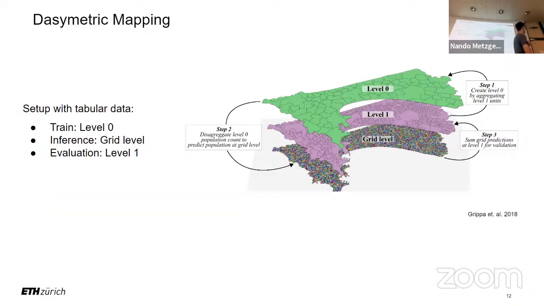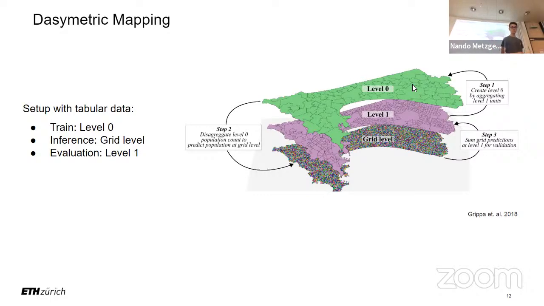Now I quickly want to give you an introduction on how population mapping is usually done in the classic literature. There are different stages. Usually you have some sort of data, which is level 1, like the census data that I already explained before. Then the first step is to artificially coarsen this census data to level 0 data.